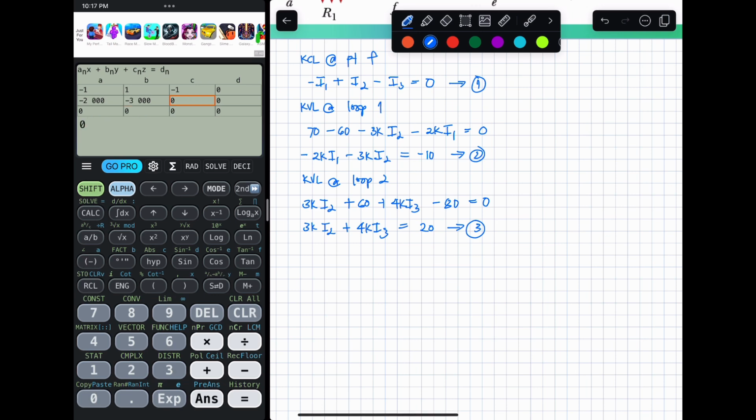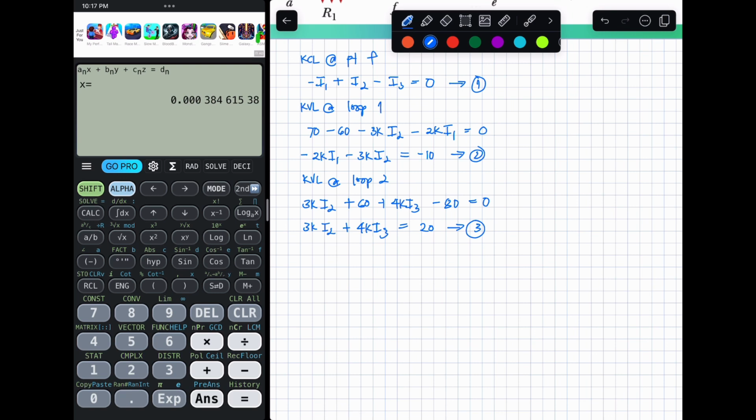We don't have I3, then we have negative 10. For the third equation, we have 0 for I1, and then 3000 for I2, and 4000 for I3, and then 20 for the constant.